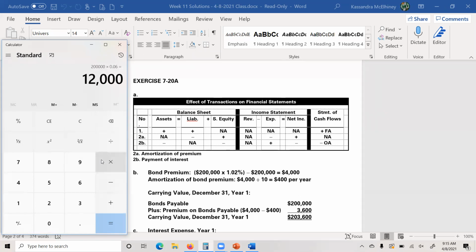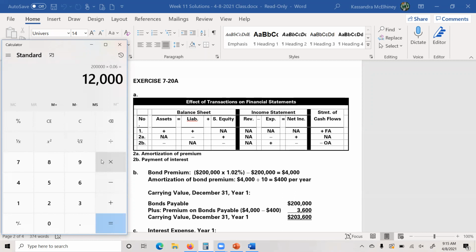We do need to take the step further and determine how long we're recording interest for. In this case, it is 1 year, so we don't have to do anything further. If we were recording interest for a period shorter than a year, we would multiply this number by the fraction of the year of interest we'd be recognizing. So we will be paying a full year's interest.